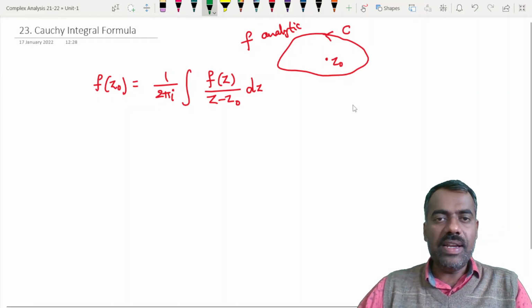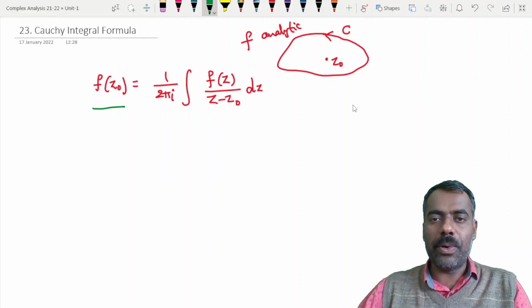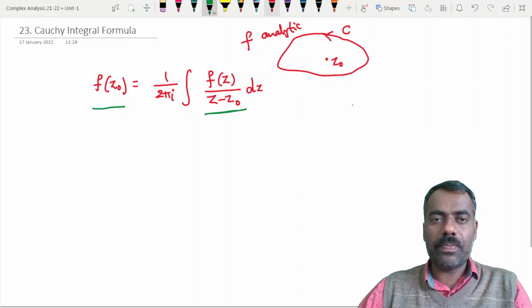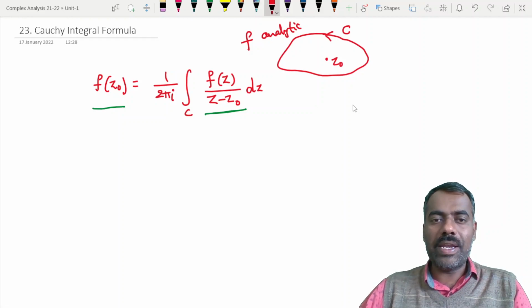The left hand side is the value of f at the point z naught, which is an interior point. The right hand side is over C.